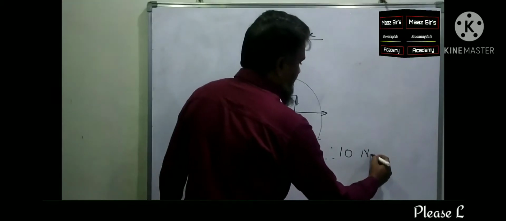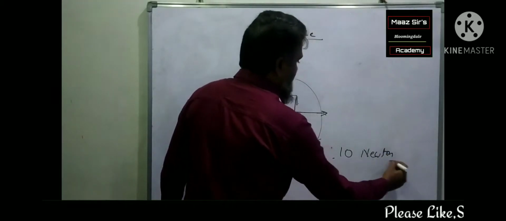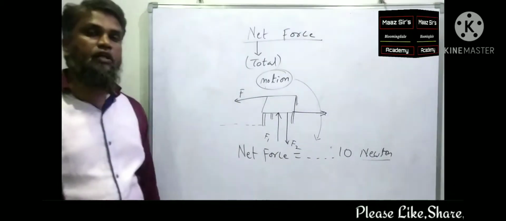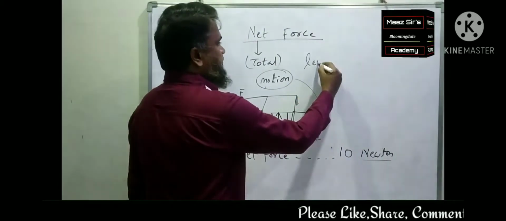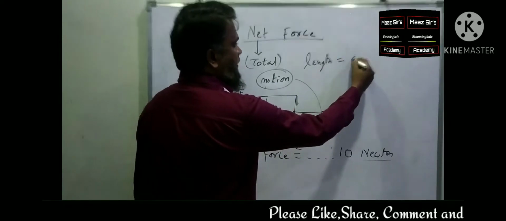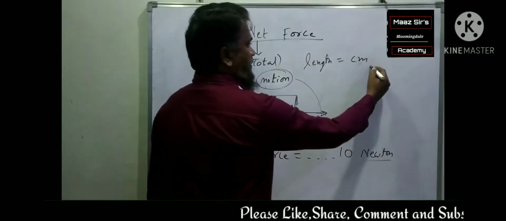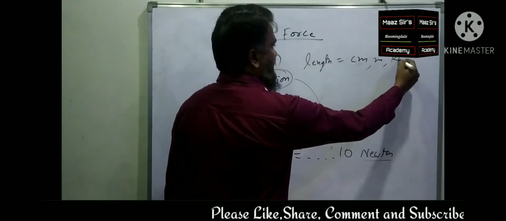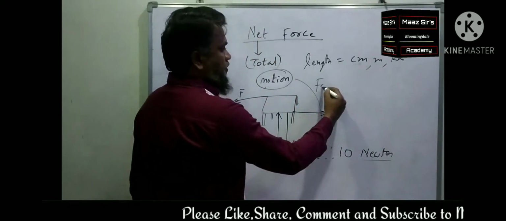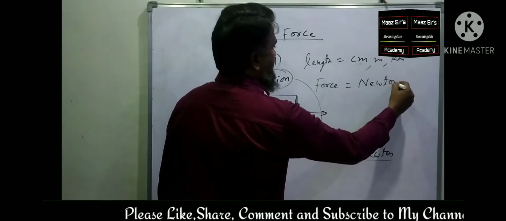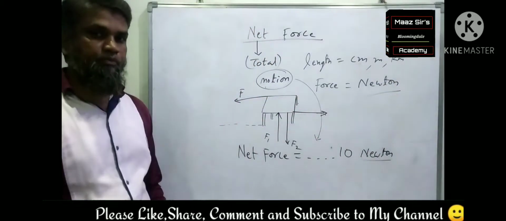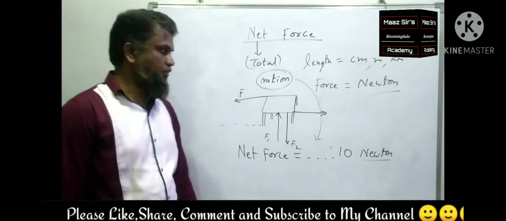And one more thing you have to remember, that force is always measured in Newton. Similarly, length is measured in centimeter, meter, kilometer. So force is always measured in terms of Newton. So this is the unit of force.